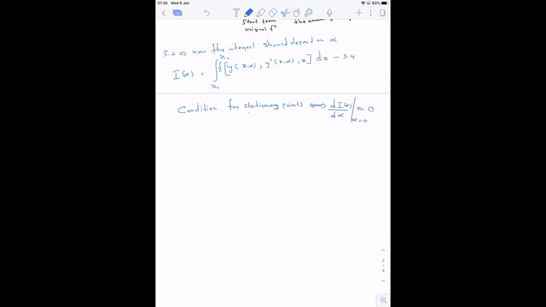So this is the condition. Now let's see how we can use this condition, and let me name this as 5.5, right?